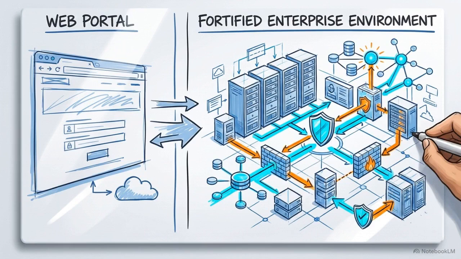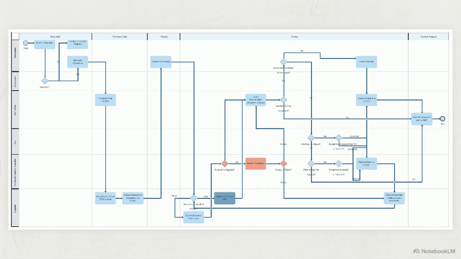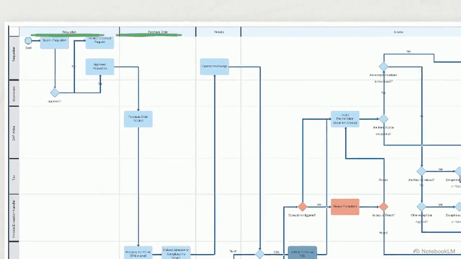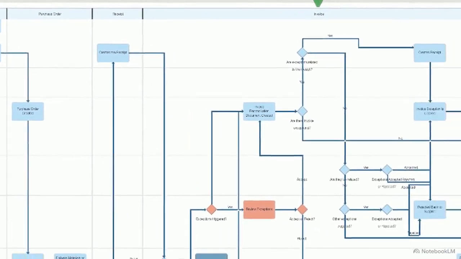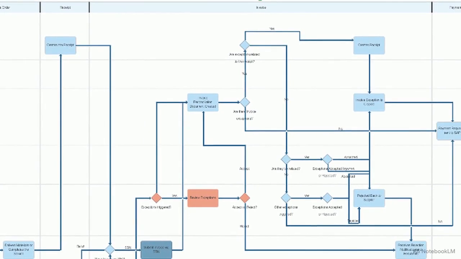To see how that defense works, we have to look past the supplier's external submission and examine the enterprise's internal processing environment. This process flow diagram maps the internal reconciliation architecture. Notice the initial steps on the far left. The requisition and purchase order generation bypass any tax calculation gates. The transaction's path clears the receipt phase and drops into the main invoice processing column.